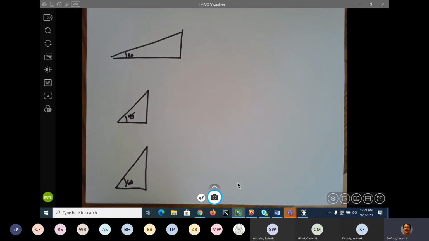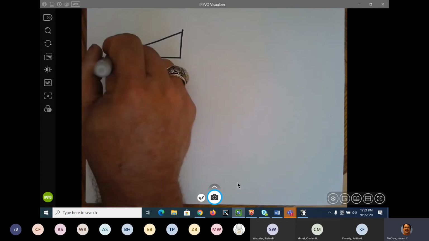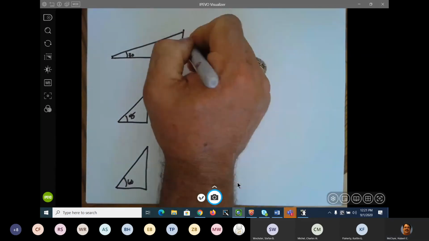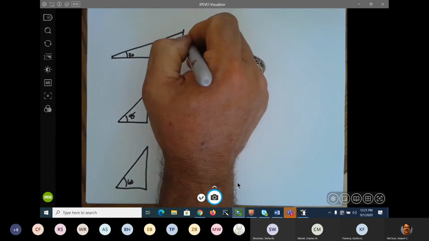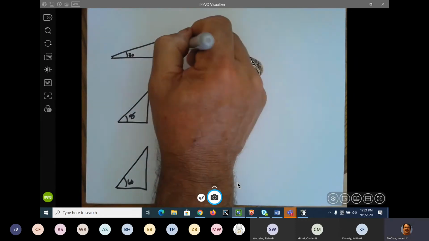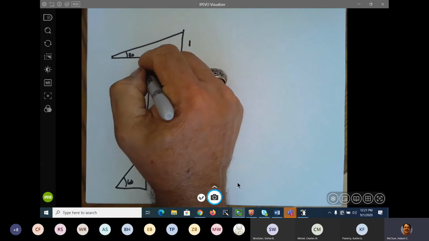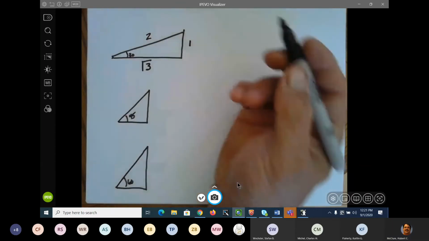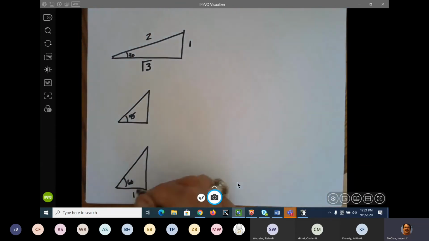Now I'm going to go ahead and show you these special angles because we're going into that next. But I'm going to go ahead and put that on the unit circle, this is equal to 1, and this is going to be equal to square root of 3 and 2. And this is equal to 1, 2, square root of 3.